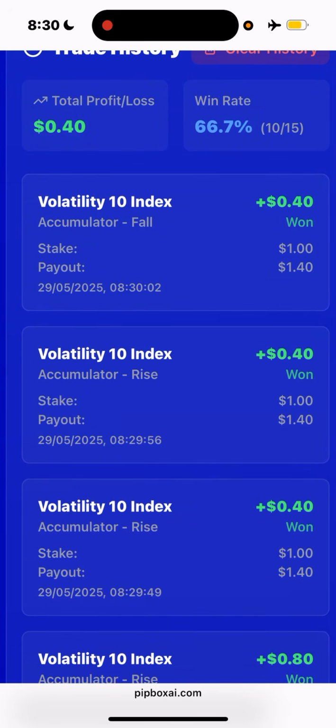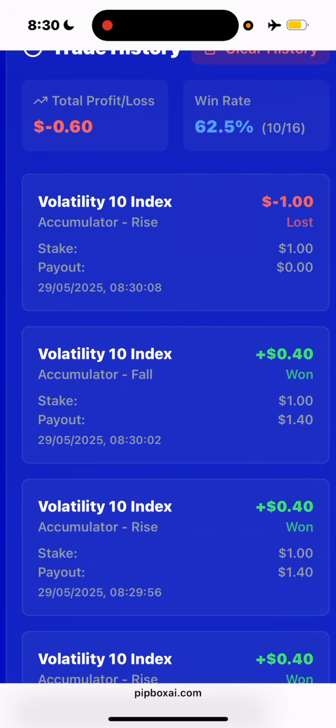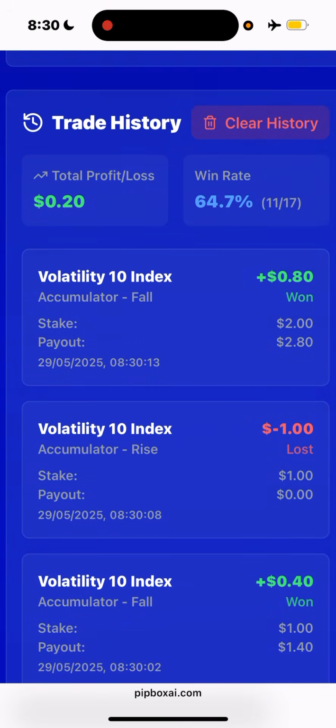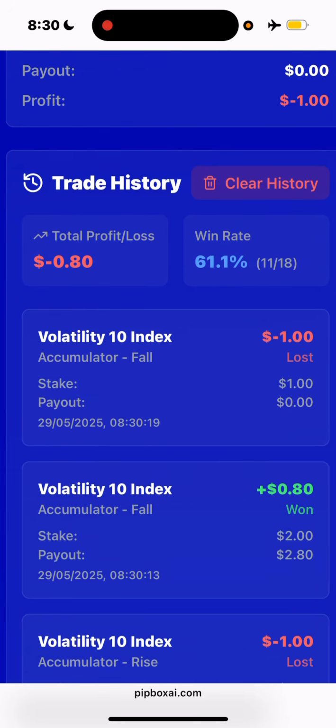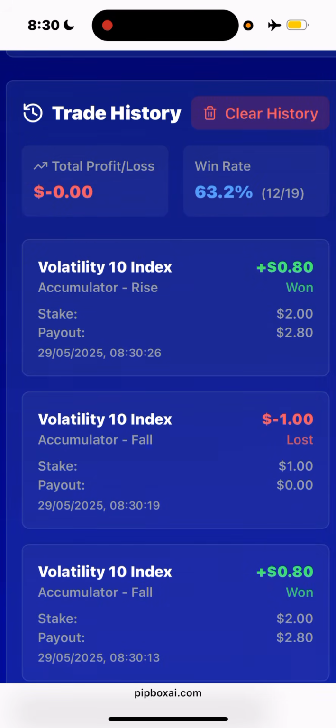It's very accurate because if it can give us profits, no matter how small the profits are, it means it's still accurate. It just loves floating. And that's one thing I don't like about it. We are in profit one minute, in loss the other minute, in profit again.